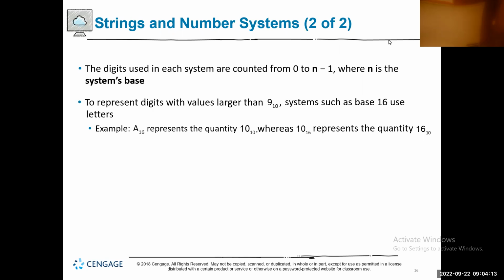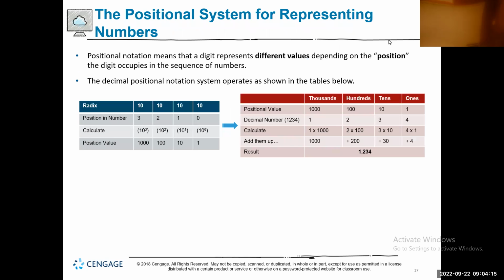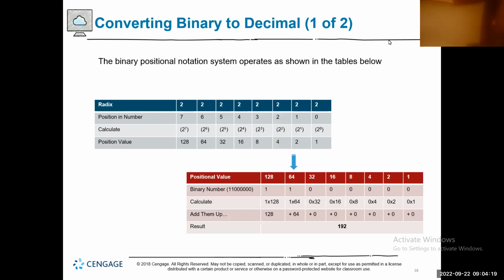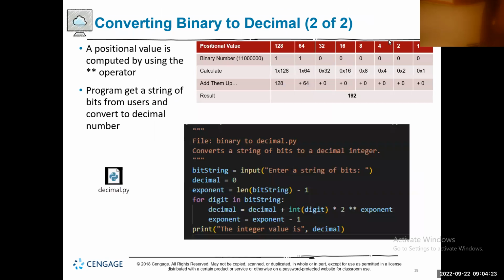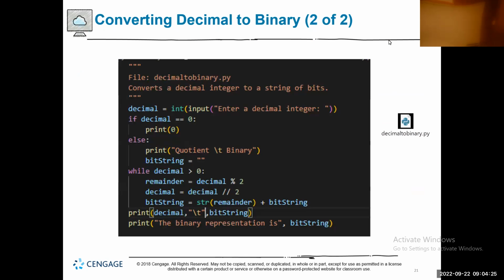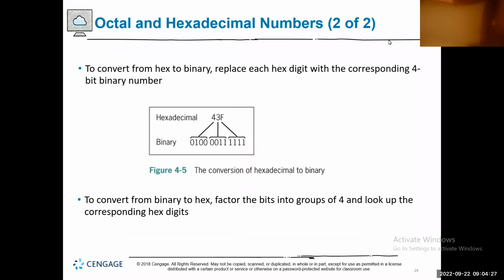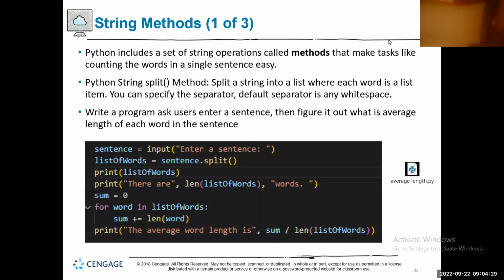And we learn about the string and the number system, and we learn how to convert from binary to decimal, and from decimal to binary, and everything is this one. Okay, and the string methods, right? You learn something about string methods. So basically, string has a lot of methods, and one of the methods is split here.